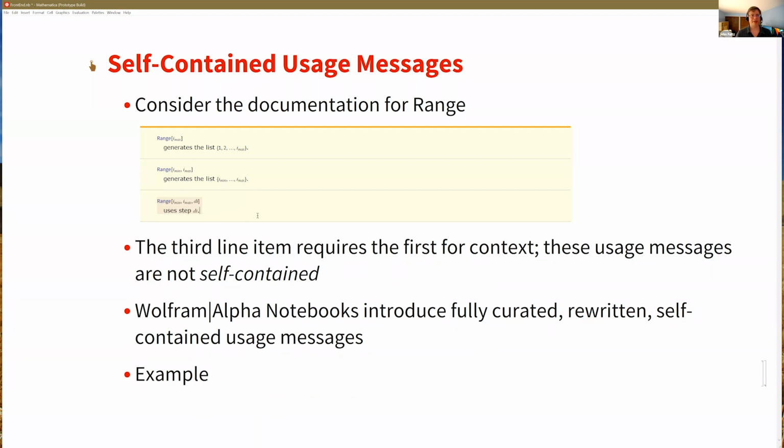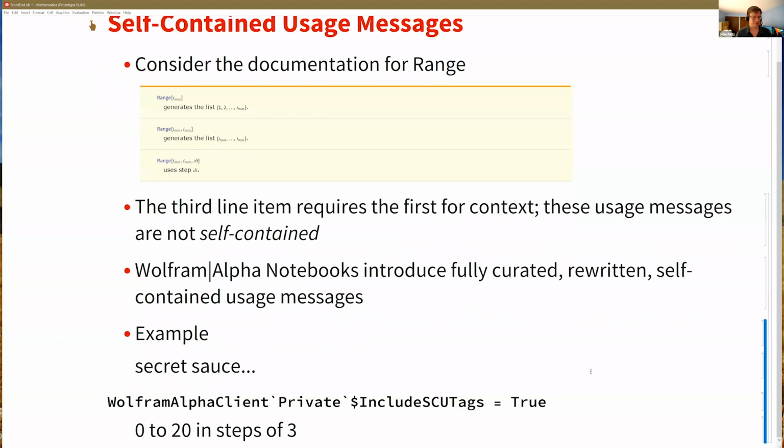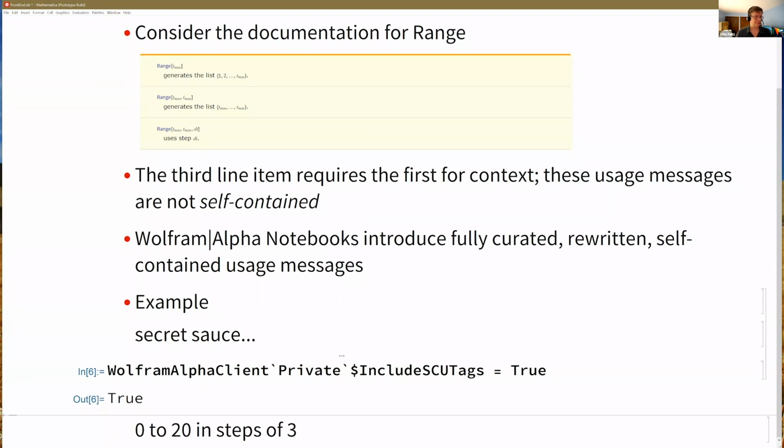Let's rewrite it so that it does make sense. And so I have to do the secret sauce here in order to enable it. It will be on by default, but it's not on by default yet in the build that I have. And let me copy this.